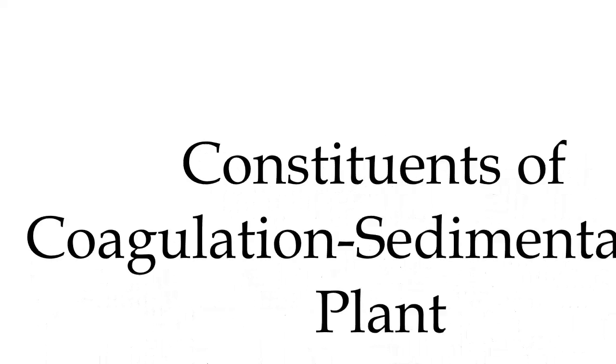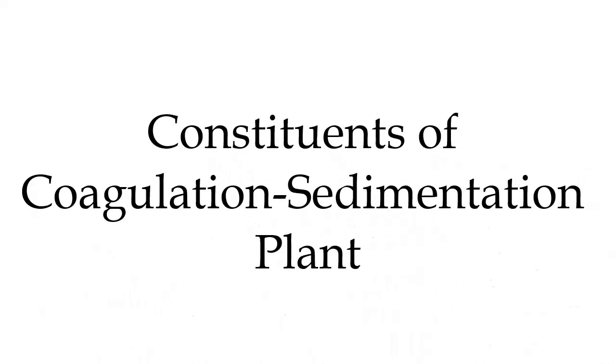Thank you. Today we are going to learn about the constituents of a coagulation sedimentation plant. That means what all units are there in the entire coagulation sedimentation plant, or you can say what all steps are involved in this entire coagulation process.